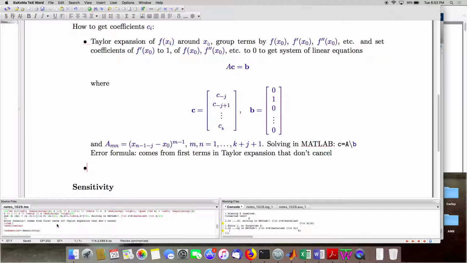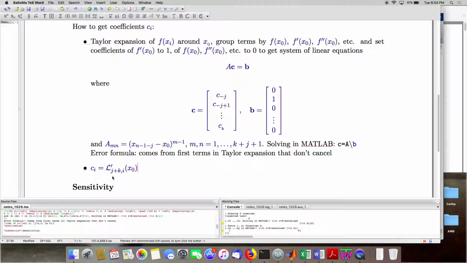Now the other approach, which actually is a whole lot easier to describe, is this. I can set the coefficient ci equal to the Lagrange polynomial derivative at x naught.